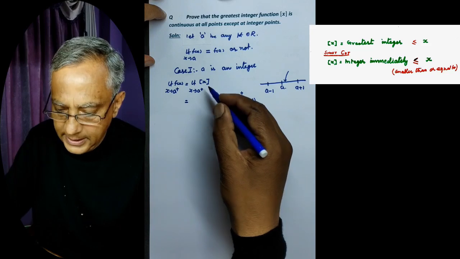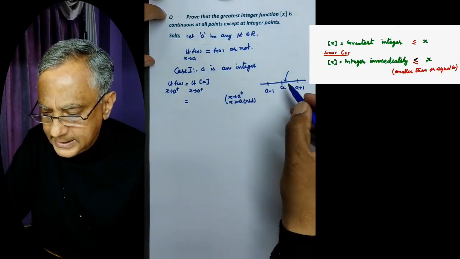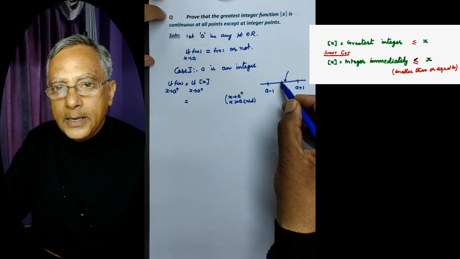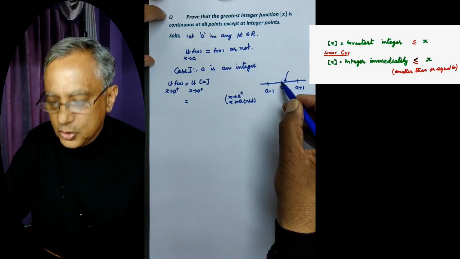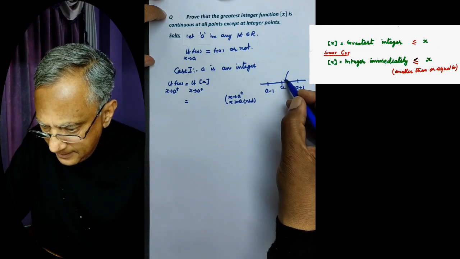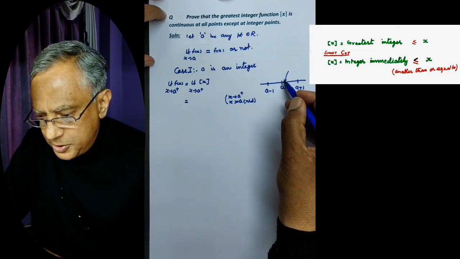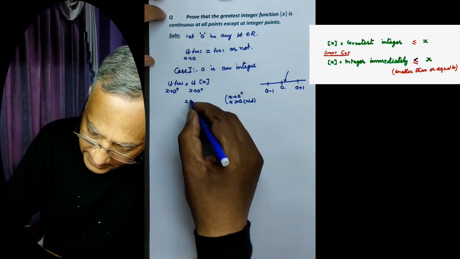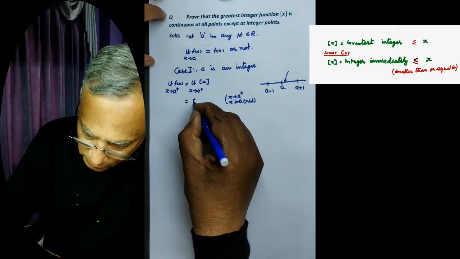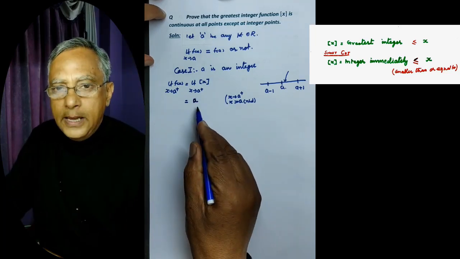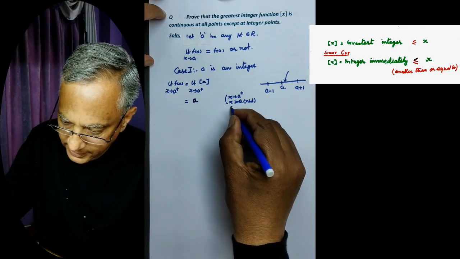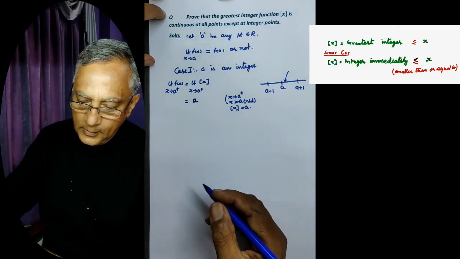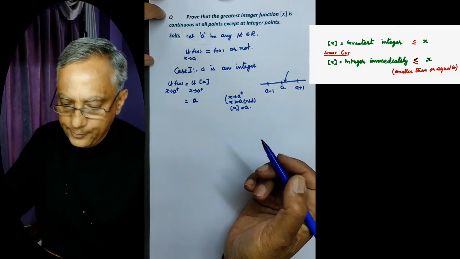I have told you that integral value of x can be interpreted as the integer which is immediately smaller than this number. So if x lies here, then the integer immediately smaller than this will be a. So integral value of x will be equal to a. So this limit will be a.